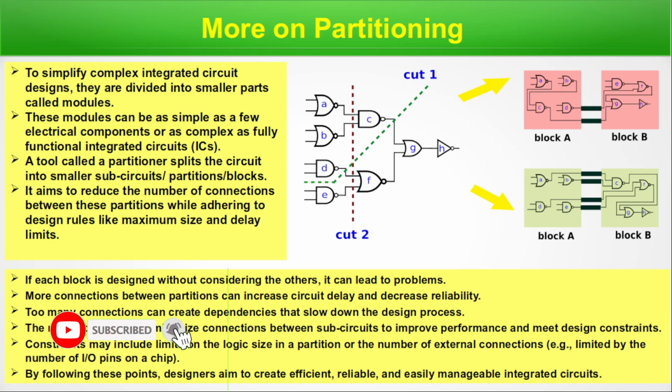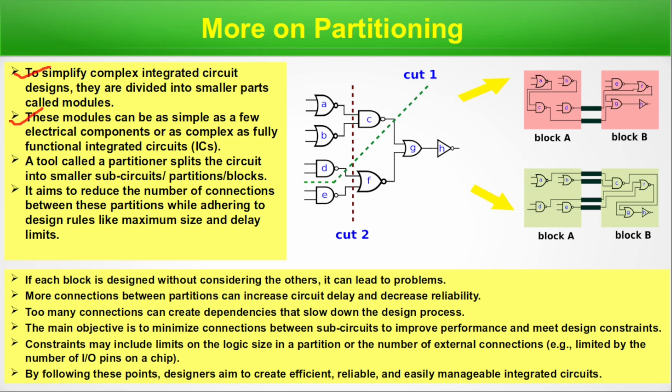So, more on partitioning. To simplify complex integrated circuit design, it is divided into smaller parts called modules. These modules can be as simple as a few electrical components or as complex as a fully functional integrated circuit. If the total design is doing multiple and very complex work, when we subdivide the total circuit into smaller parts, one part is as good as a functional IC.